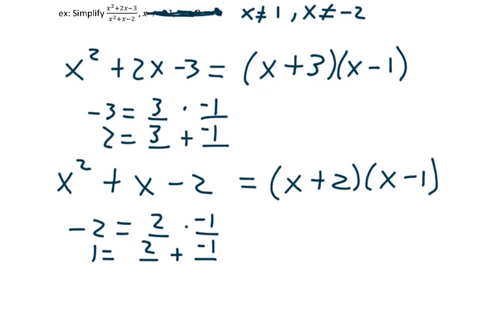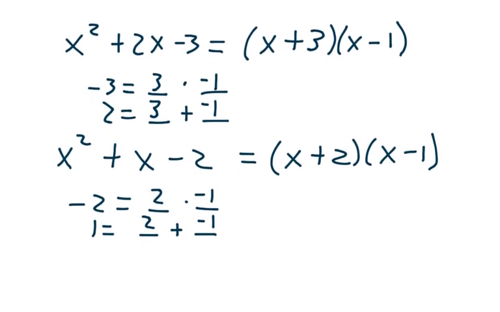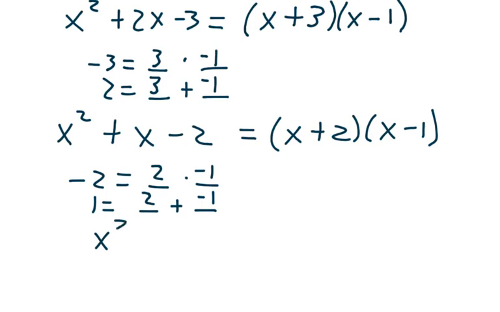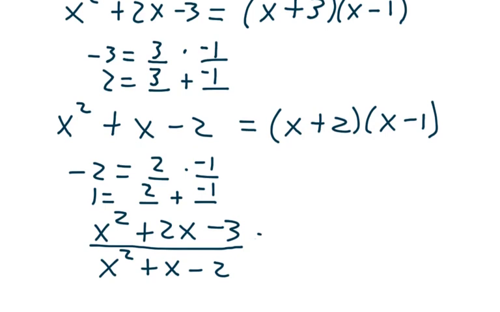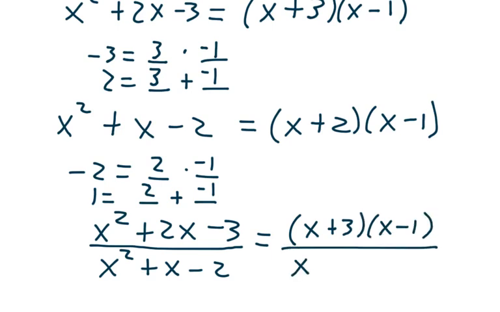Okay, now let's rewrite the rational expression. So again, we have x squared plus 2x minus 3 all over x squared plus x minus 2. Now let's write it in factored form. We have x plus 3 times x minus 1 all over x plus 2 times x minus 1.